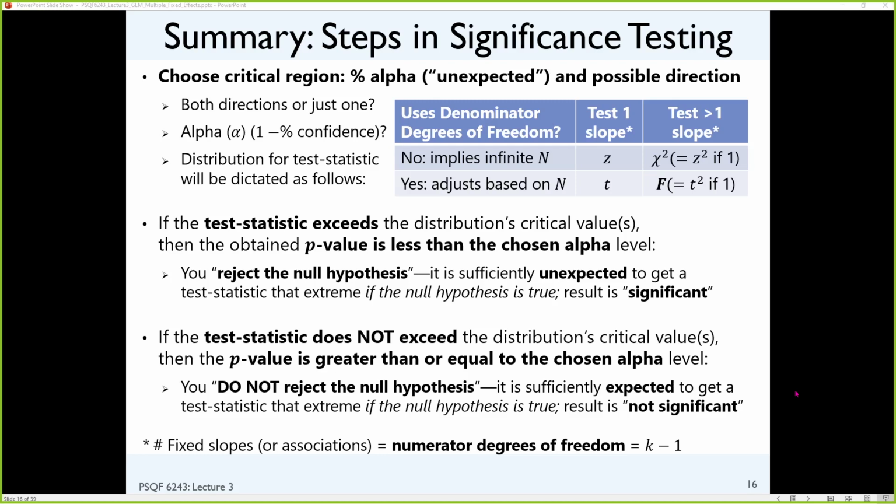But what we're saying is, yeah, this could have happened just from random fluctuation. This result is well within expected territory, so the result is not significant. So this thumbs up, thumbs down significance decision is made in all four of these distributions. They're just used for different purposes. T is for testing one slope at a time. F is for testing more than one slope.